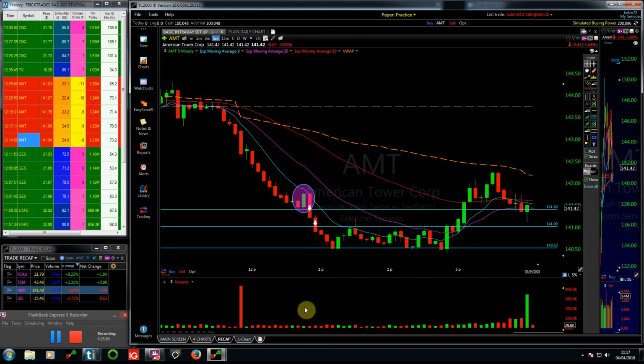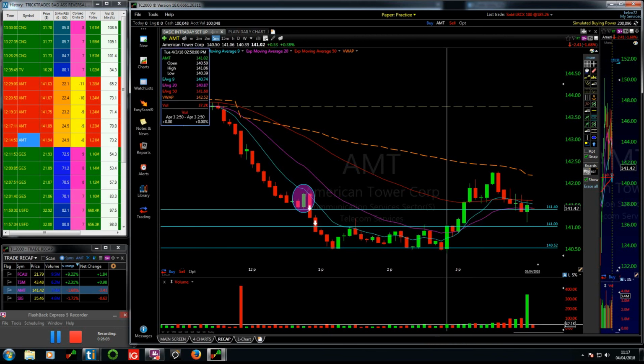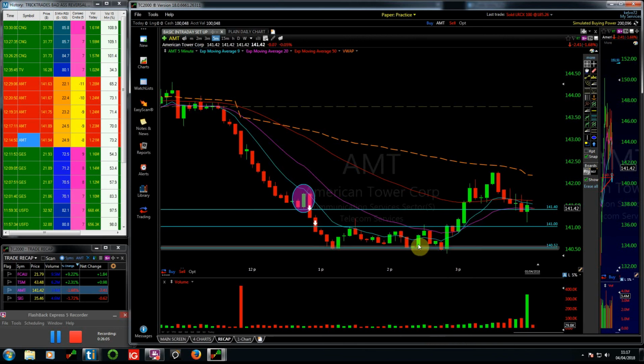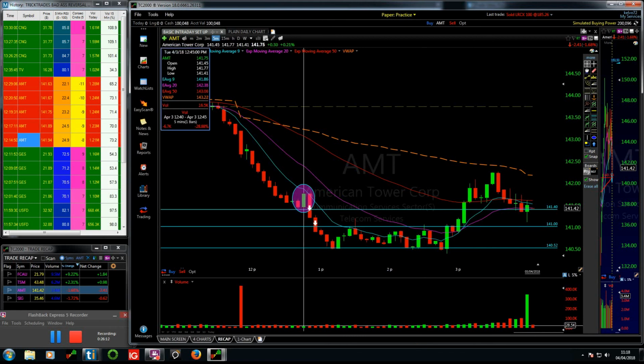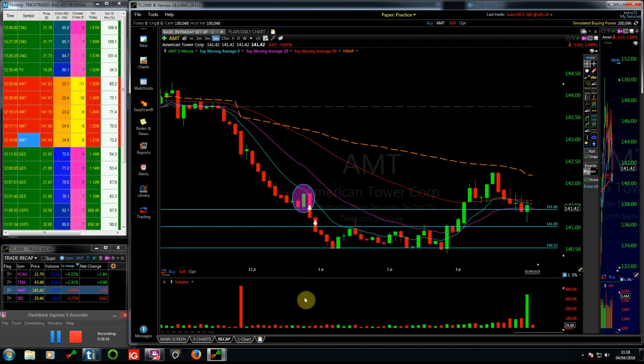That's normally a sign. You see here we got a little pop up and we got a higher volume bar. So the fact that we didn't get a big volume bar here told me that this wasn't a reversal. It was probably just short covering. It popped up, and then down we come again.